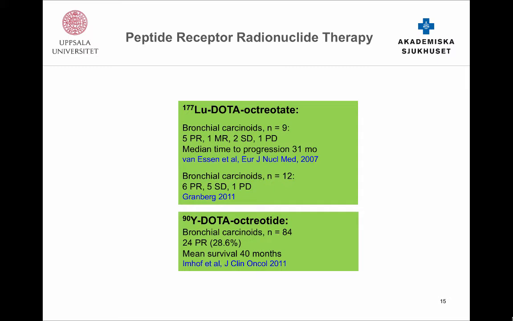More data is coming out. From our own center, we have now treated about 50 patients with bronchial carcinomas with PRRT. What I can say is that this seems to be a rather effective treatment for both typical and atypical lung carcinoids, provided that you have a positive gallium PET or Octreoscan.